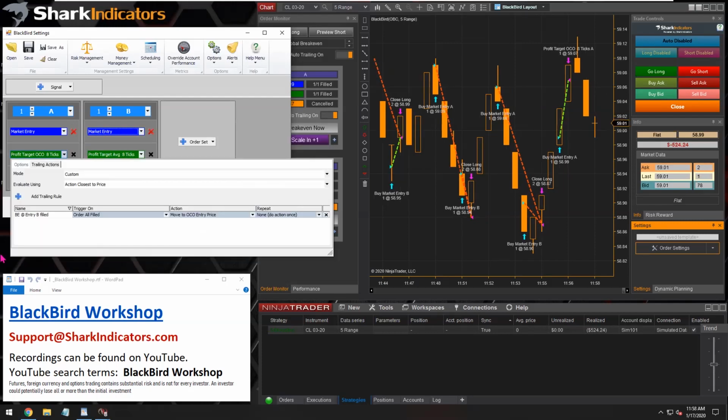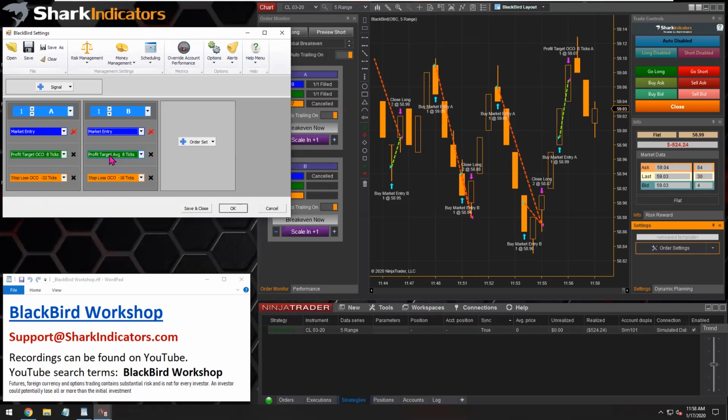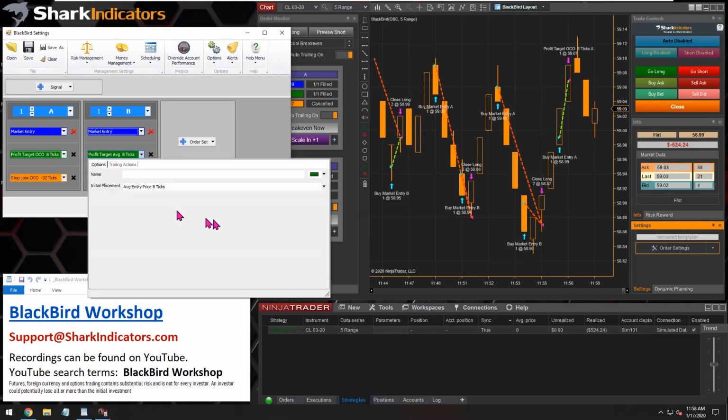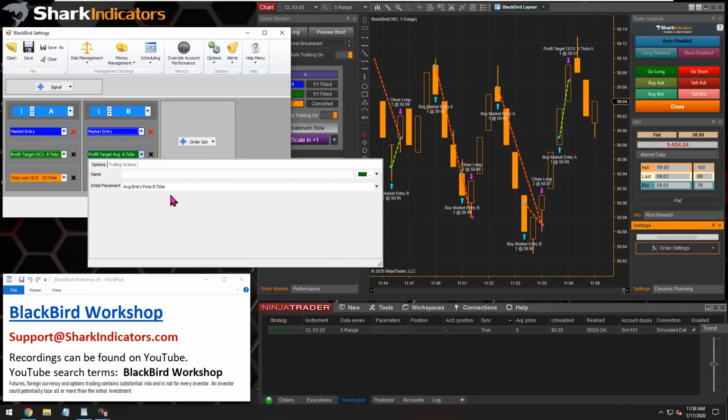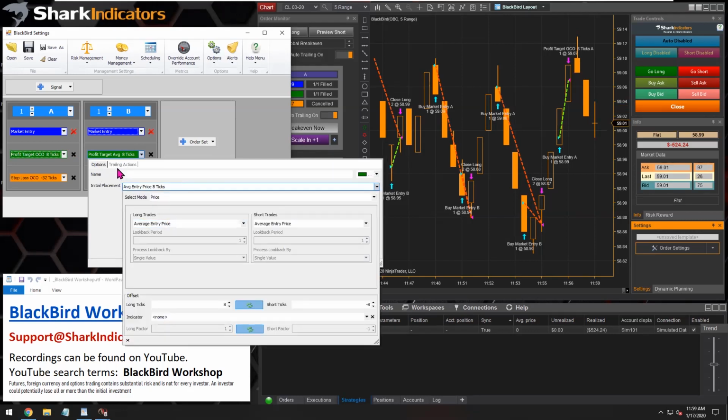Okay, so Richard's asking, he doesn't understand how the OCO entry price for B equals the current profit target for the break even of order A. So it doesn't. Let's go to profit target B. For profit target B, that's actually using the average entry price here, with an 8-tick offset.